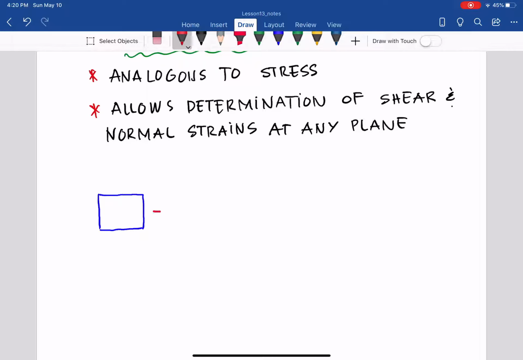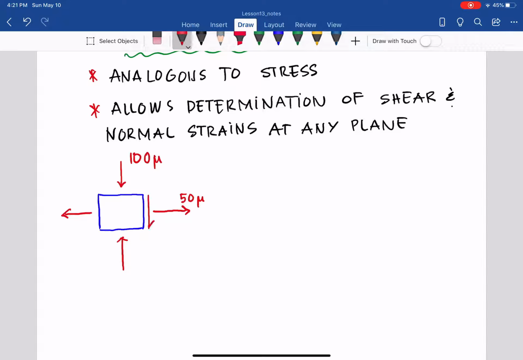Let's assume epsilon x is 50 micro inch over inch, for example, and epsilon y in this case is compression going down into the block, so 100 micro inch over inch or millimeter over millimeter, the other way. So that is the normal strain, and now the shear strain.